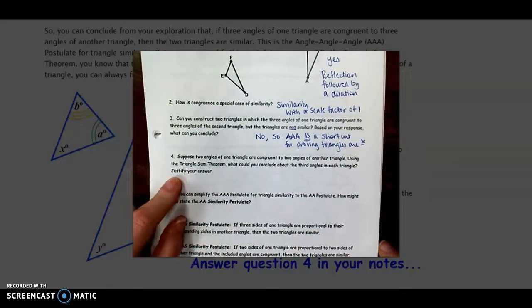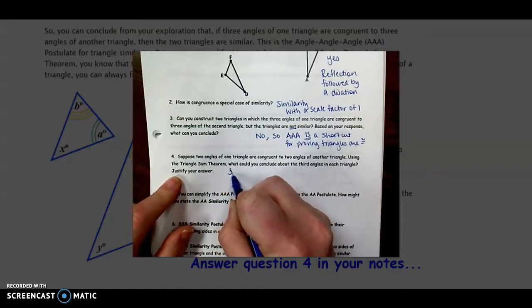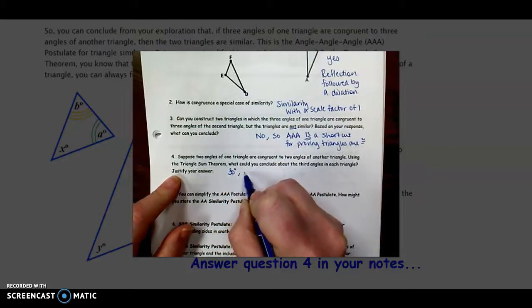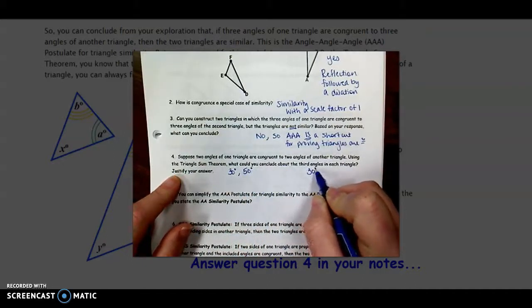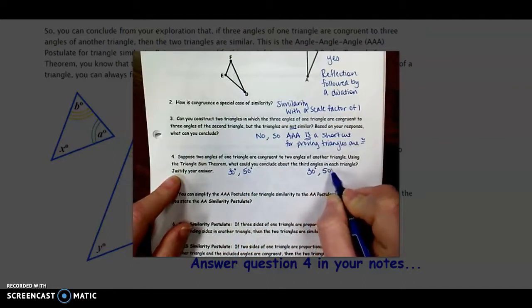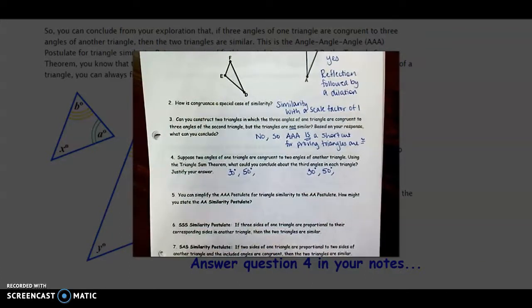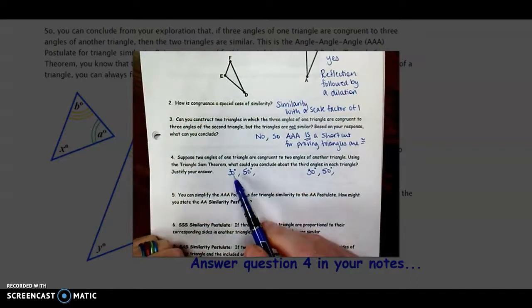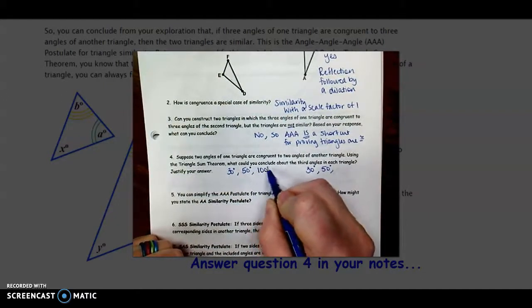So justifying our answer. For example, if one triangle had an angle of 30 degrees and a second angle of 50 degrees, and another triangle had the same 2 angle pairs, 30 degrees and 50 degrees, well, what would the third angle have to be in each one of them? Remember, the 3 angles have to add up to be 180, so these add up to be 80 degrees, so the third angle would have to be 100 degrees.